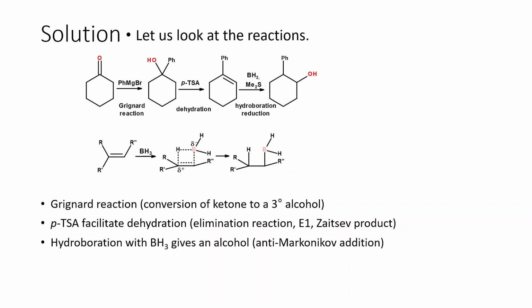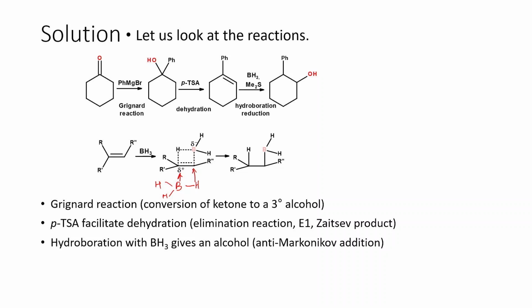Based on that, the addition of boron takes place in this particular way, because boron can also add from the other side. The boron here has two hydrogen atoms and another hydride. This way also we can have a possibility of addition, but this carbon can better stabilize the positive charge.